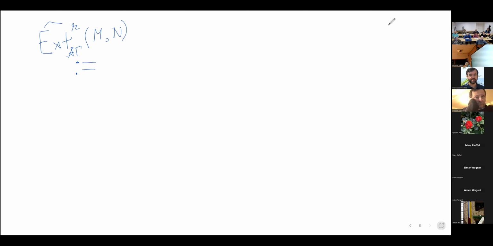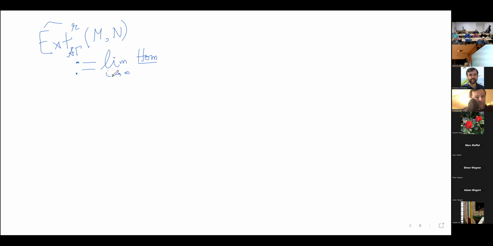By definition, it is the limit as i tends to infinity of Hom, and this Hom is a stable Hom. By stable Hom, I just mean I'm killing everything that factors through a projective, not projective-injective, just projective.